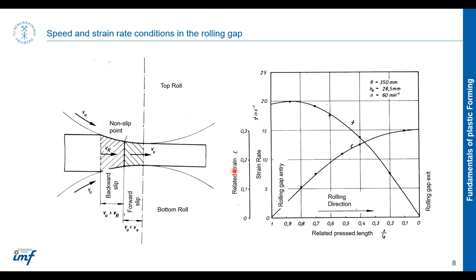But generally, if you look at the profile here, we see that the pressed length from maximum to zero from, so if I plot this from point 1 to point 2, we see that during rolling the strain in the material, let me make it bigger, the strain in the material is constantly increasing and is getting asymptotically straight line, because after this point it will not deform at all, whereas the strain rate is decreasing exponentially.